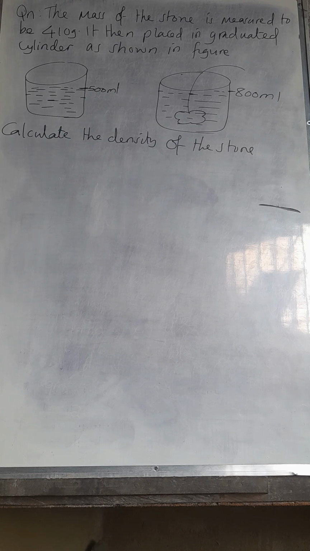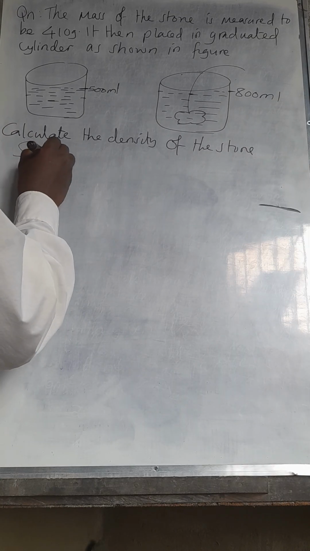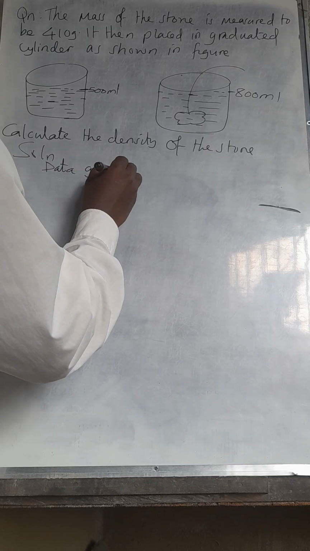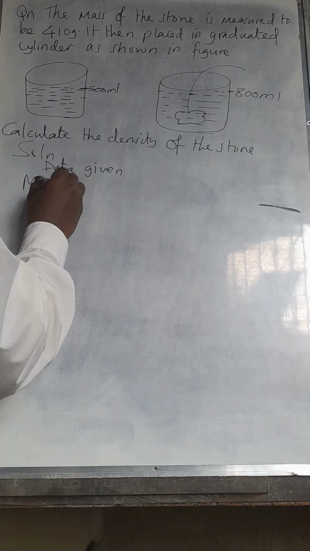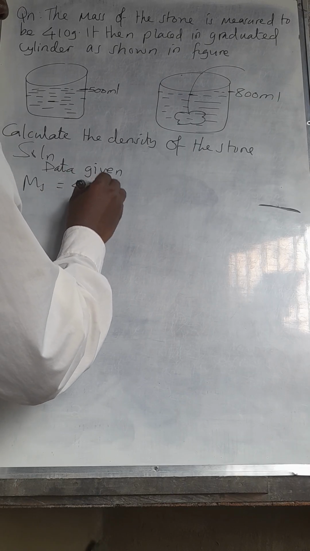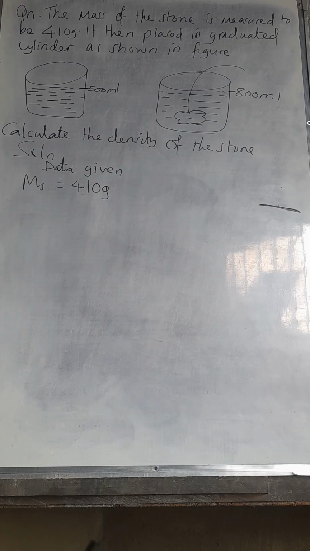What is very important in this question is to do something like this: write the data given. We have given the mass of the stone, which is almost 410 gram.